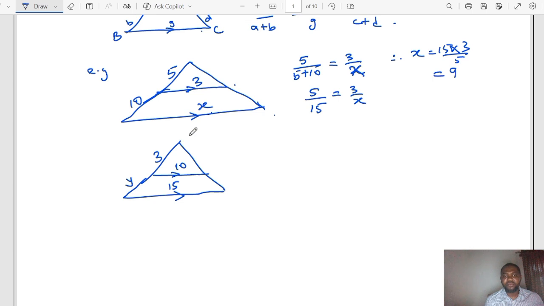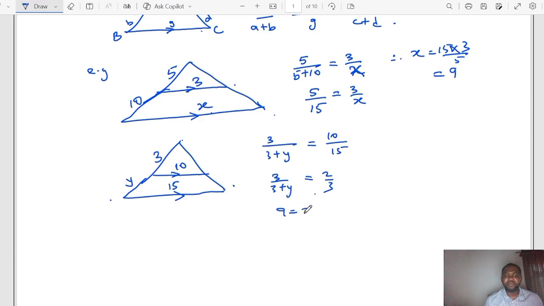So if we are to solve this now, for the smaller triangle this is 3 over the bigger triangle here, which is 3 plus y, equal to this side for the smaller triangle, which is 10. The corresponding side of the bigger triangle, this is corresponding to this, is 15. Okay? So I can say 3 over 3 plus y is equal to 10 over 15, 5 can go, that will give us 2 over 3. We can cross multiply. 3 times 3 is 9.